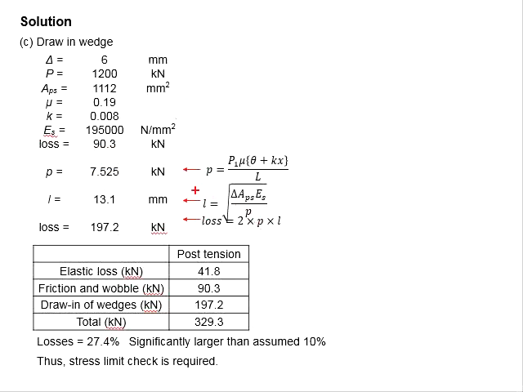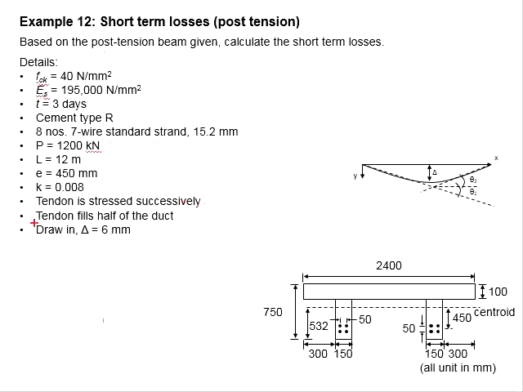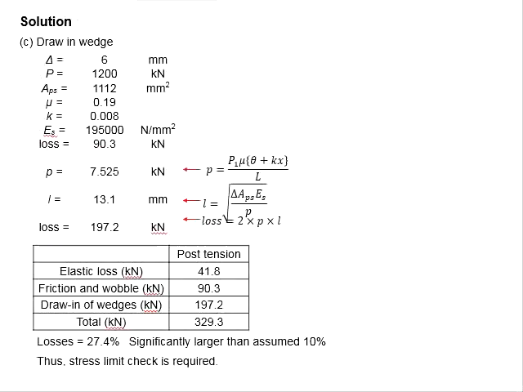Next, we need to calculate the L here, which is a function of the draw-in, area of the steel tendon, modulus of elasticity, and also the P. Assume that the draw-in of the wedges is about 6 mm. Substitute this 6 into the equation.